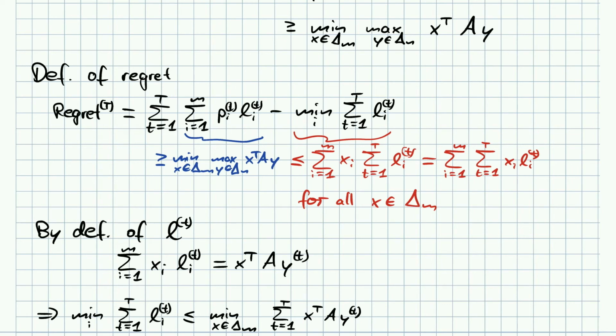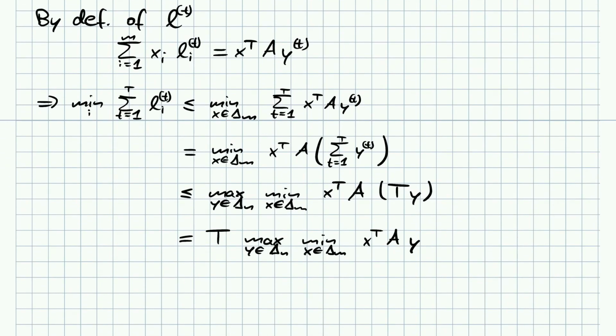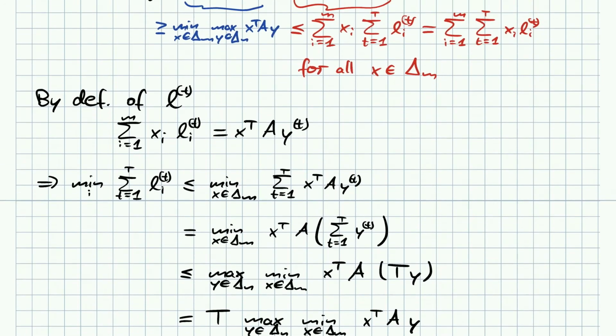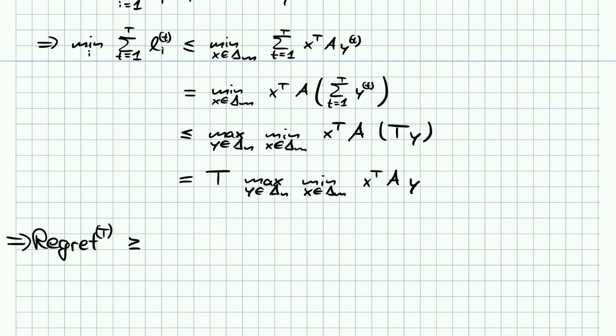And what does this now tell us? Well, we now get the regret. This is a consequence. The regret at time t is at least, then we have here the min and the max, t times.